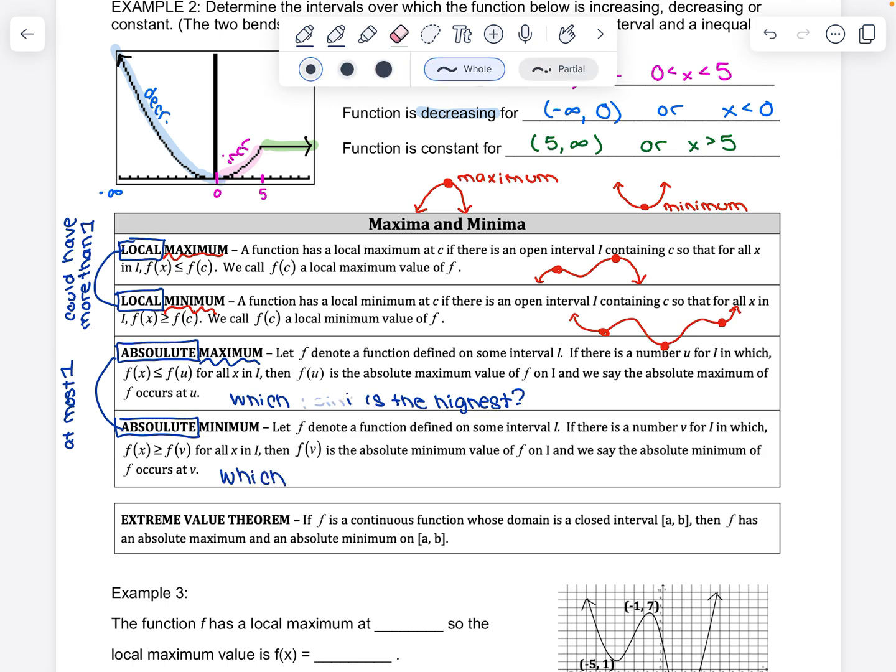And not so much the point, but which y value, I should say. That's because whenever we actually say max and mins, we're talking about the y values. They want to know how high, how low. So while we look at it as a point visually, you're actually going to be telling them what the y value is, okay?